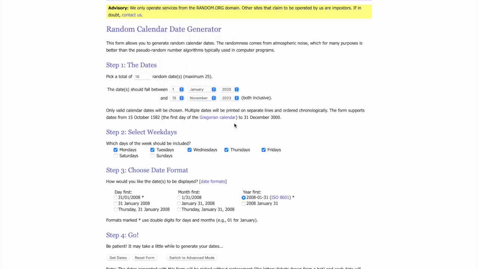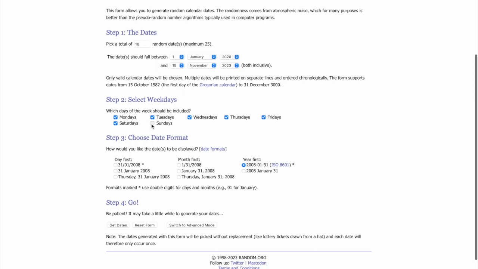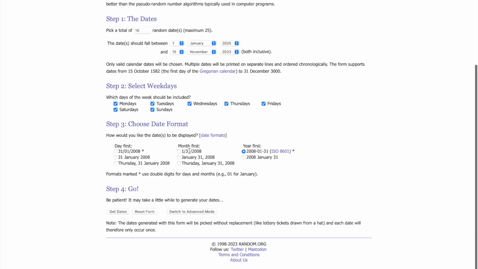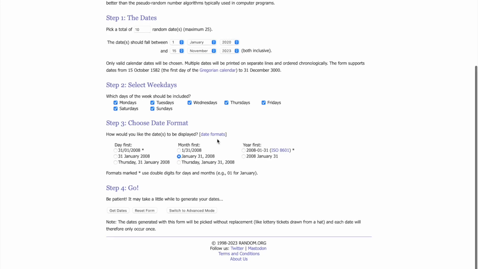So that's yesterday for me. That gives us pretty much almost every single date between the last 2 years. So I'm going to include weekends on this. In the date format, I'm going to do the American format just to make it easier for me to read.